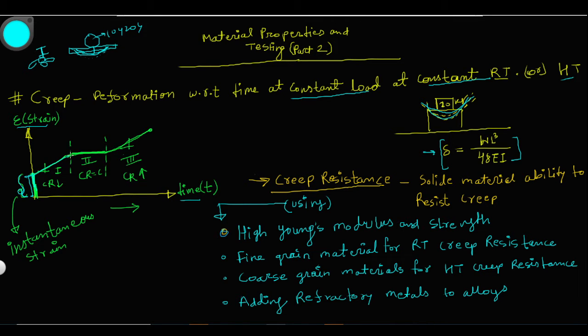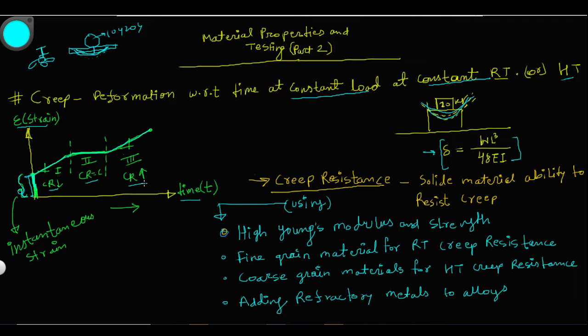Then after that, it becomes constant over time. Then again strain starts increasing. So in the first region, creep resistance decreases, and in the second region creep resistance is constant. In the third region creep resistance increases.